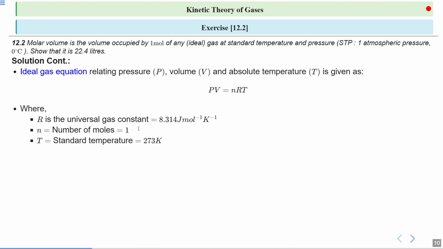Standard temperature 273 Kelvin. And pressure 1 atm, which is equal to 1.013 into 10 raised to the power 5 Newton per meter square.